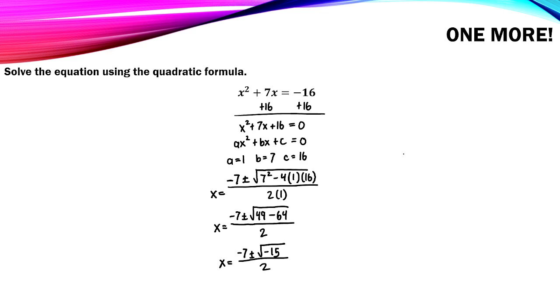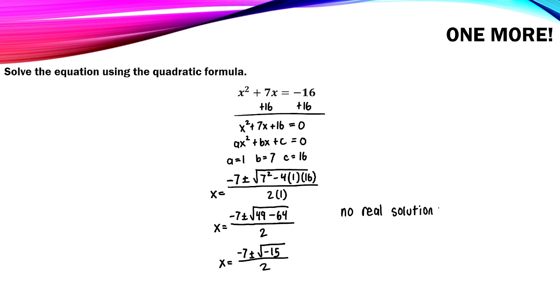So if we have a problem like this where we end up with a negative in the square root, we don't box this as our answer, because this is technically not a real solution. So what we should write instead, if I see that our discriminant is negative, is that our answer is actually no real solutions.